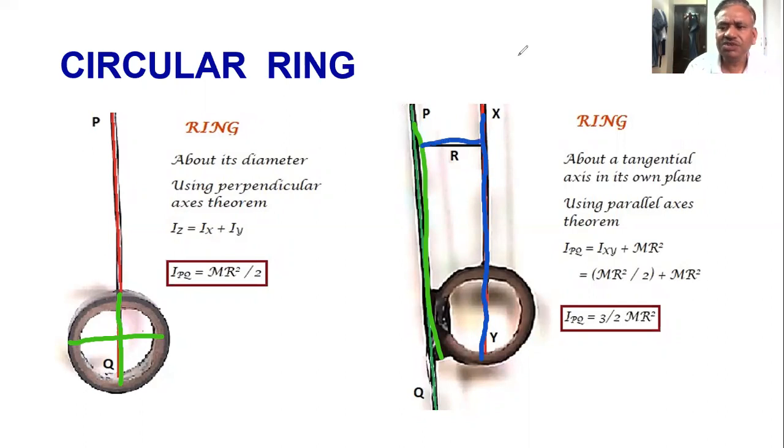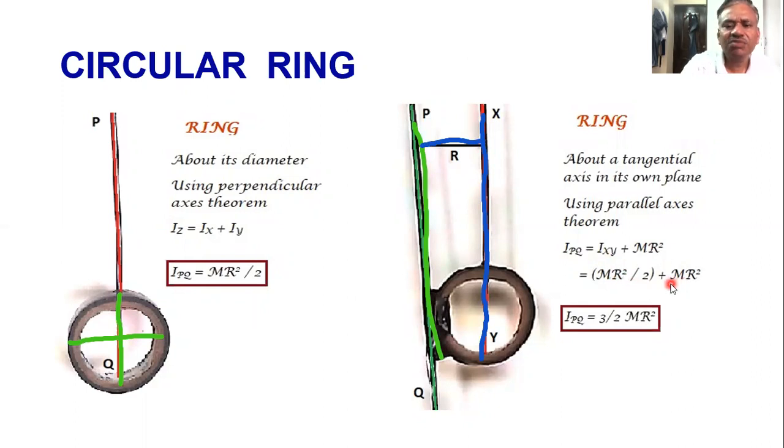I know that using the parallel axis theorem. What is the parallel axis theorem here? I_PQ equal to I of xy, about this diameter, plus M r square. What is I of xy? If you calculate along the diameter, the value here is M r square by 2, plus M r square.